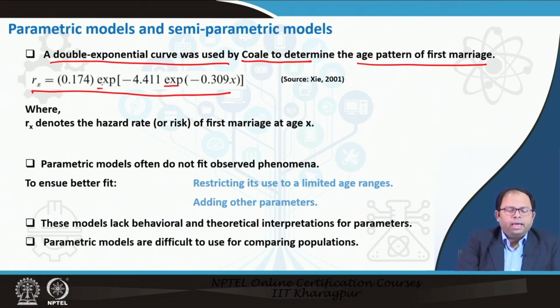So, here Rx denotes the hazard rate or risk of first marriage at age x. That means, what is the likely chance of a girl marrying at a particular age, or the risk of a girl marrying at a particular age. So, this is again a parametric function trying to find at what age a girl is likely to marry, because that will lead to maybe childbirth and so on.